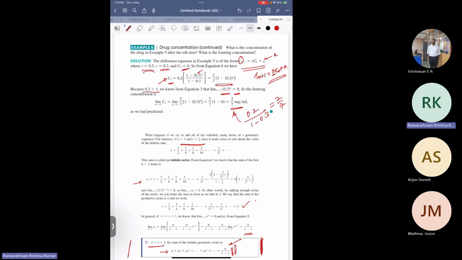Any questions? As long as the absorption rate is less than 1, it won't explode. I can easily find out what is the saturation limit by just saying A divided by 1 minus R.